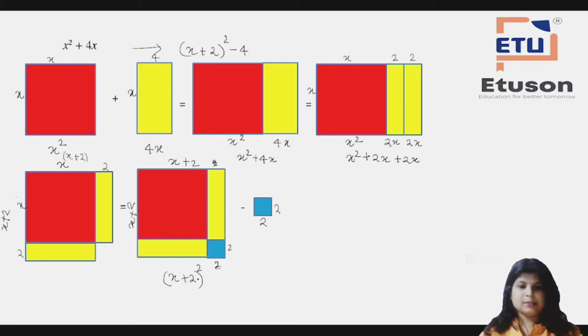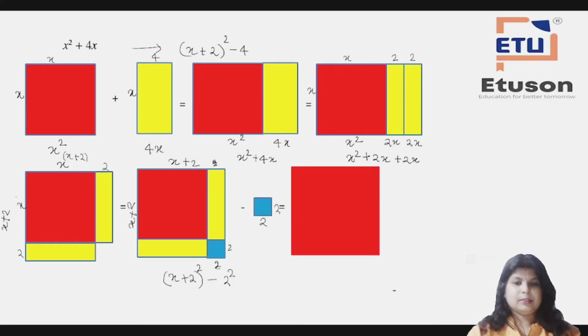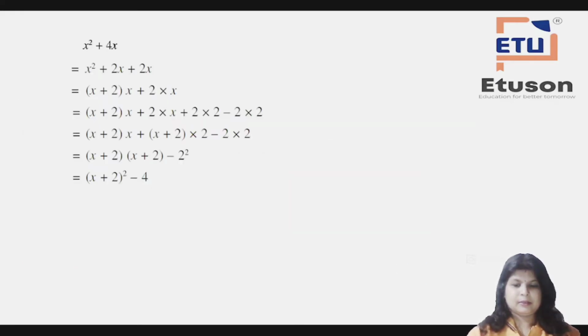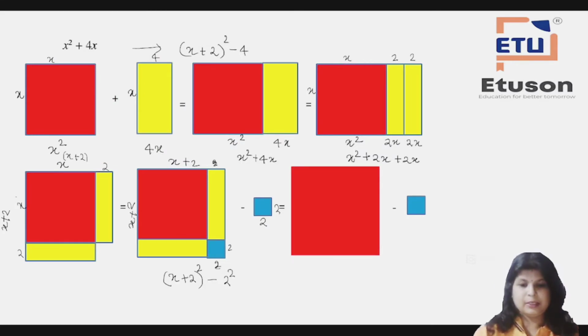So that means this is equal to x plus 2 whole square minus, what is the area of this small square? It is 2 square. Correct? So we can write down, this is x plus 2 whole square minus 4. So thus we have converted x square plus 4x to x plus 2 whole square minus 4.